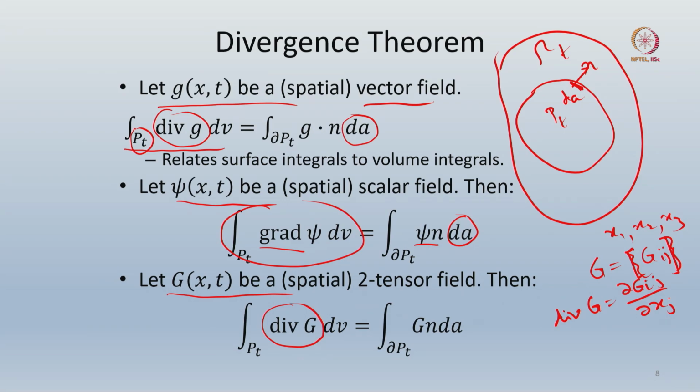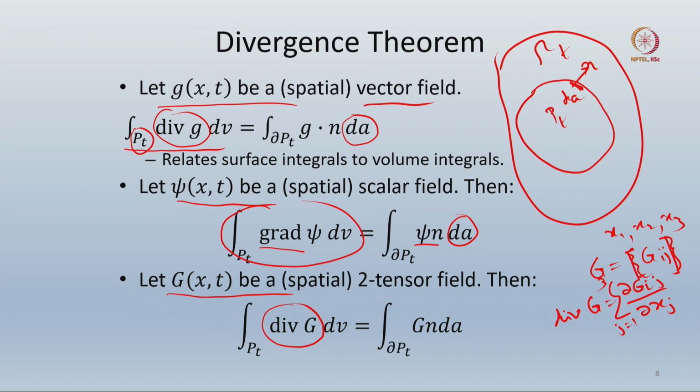The Einstein summation convention is imposed here: if there is a repeated index, in this particular case j, then we mean a sum over this repeated index. To write it more explicitly, a sum over j equal to 1 to 3. This is how you write the divergence of G.